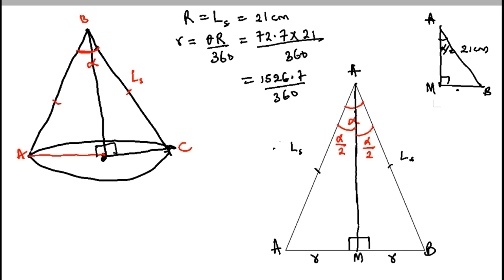We are getting 4 point something. So my r, the radius of the cone, is now 4.24 centimeters. Let's just stop here. So I can now write here 4.24 centimeters.